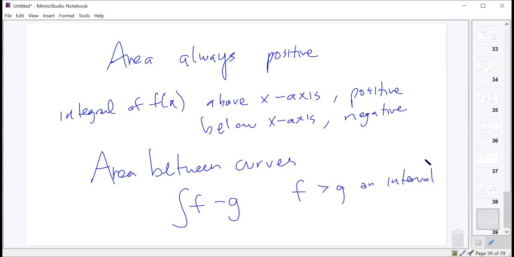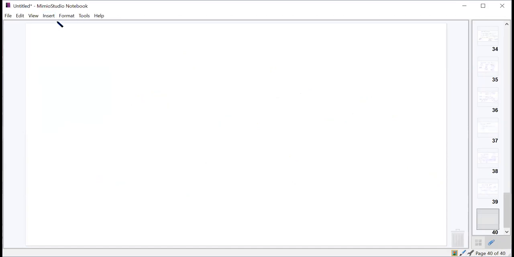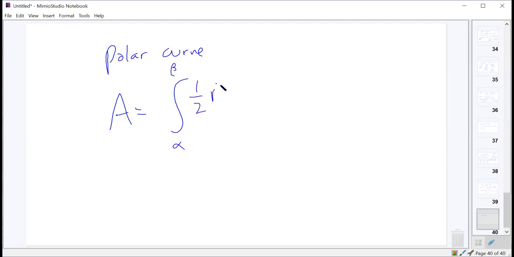I feel like the area on a polar curve should also be pretty straightforward, but I have noted that a lot of you have forgotten on the quizzes the first time around that the area of a polar curve is the integral from alpha to beta of 1/2 r squared d theta. A lot of people are forgetting this 1/2 r squared in there.